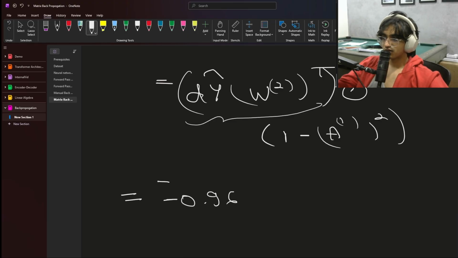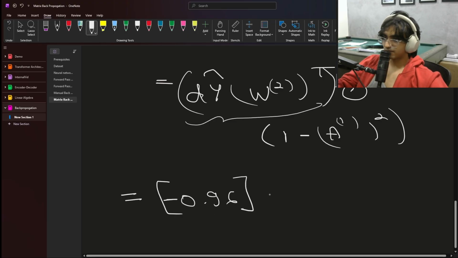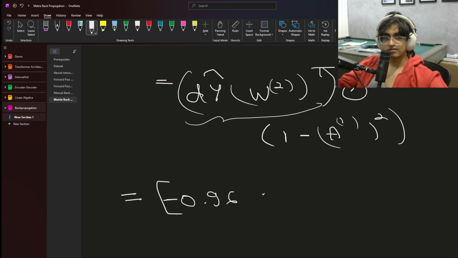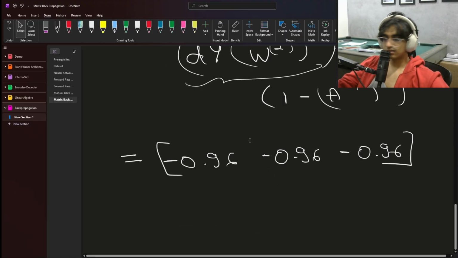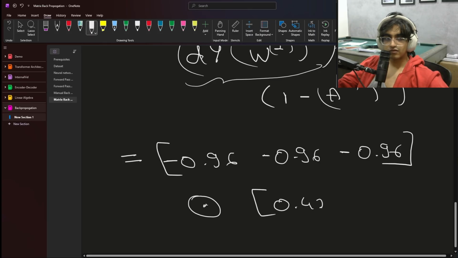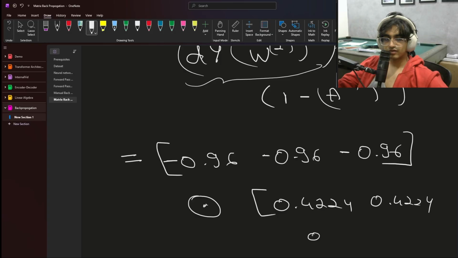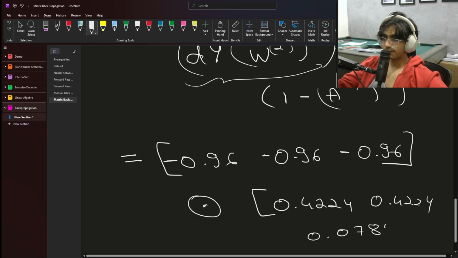So this is just going to be negative 0.96 and negative 0.96, and we multiply this by 0.4224, 0.4224, 0.0784.